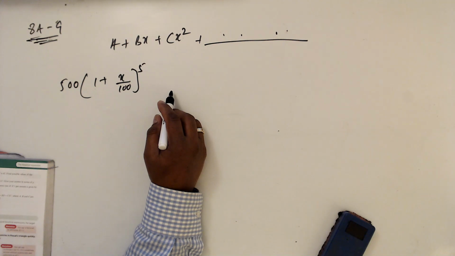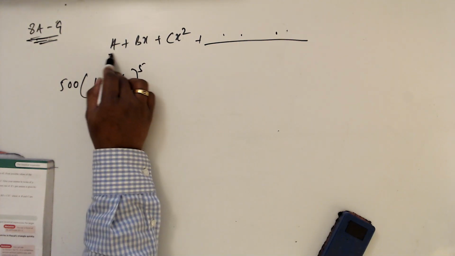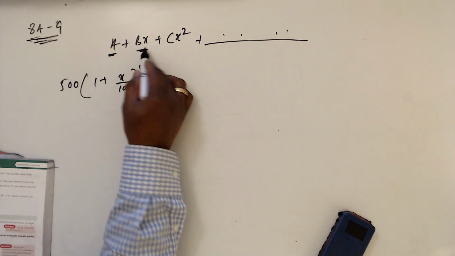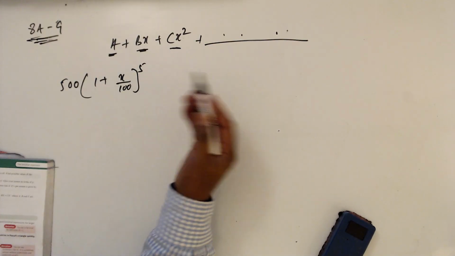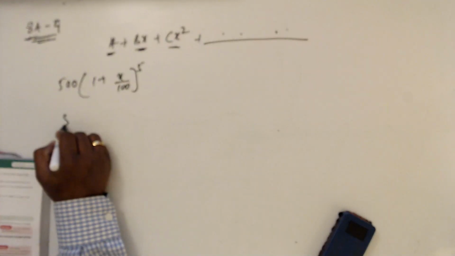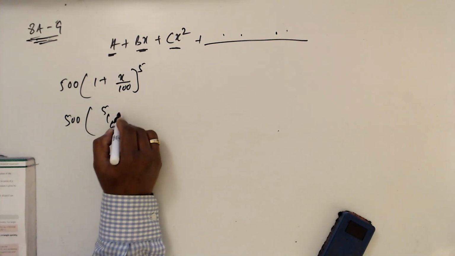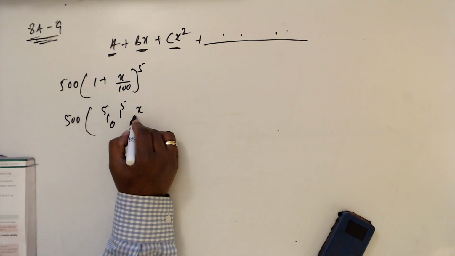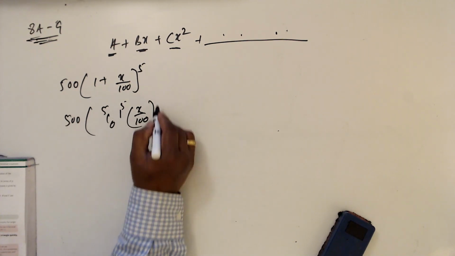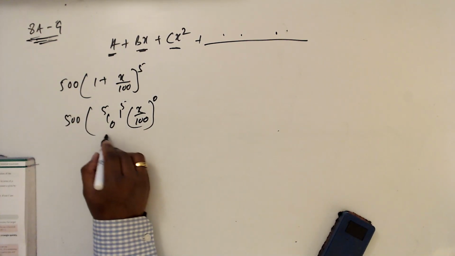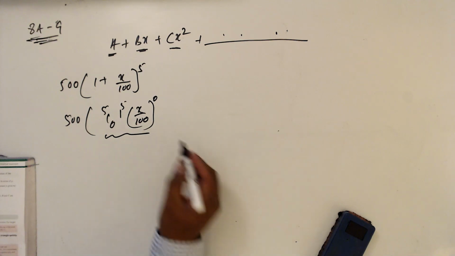I need the constant, then the x value, and the x square. I don't need the others. So 500 times, what is the first one? 5c0, 1 to the power 5, times x over 100 to the power 0. Power 0 is the constant term.